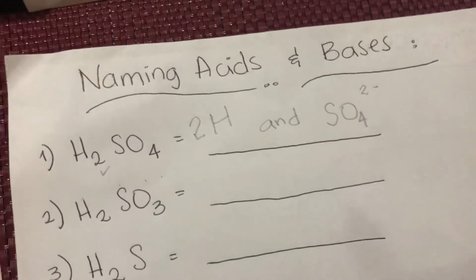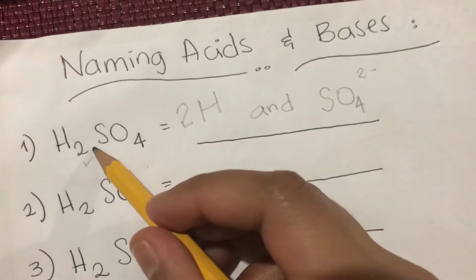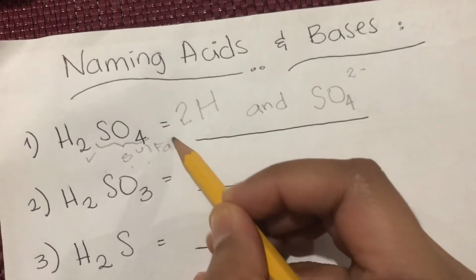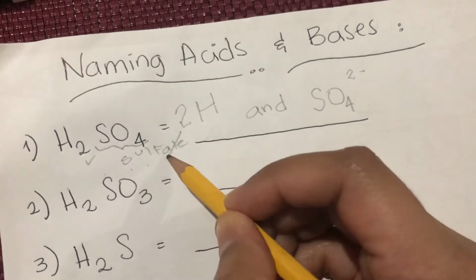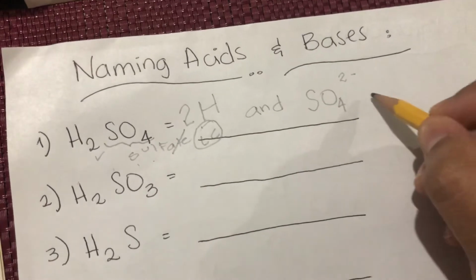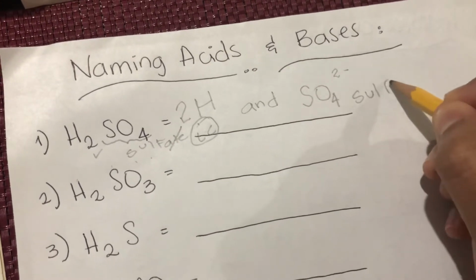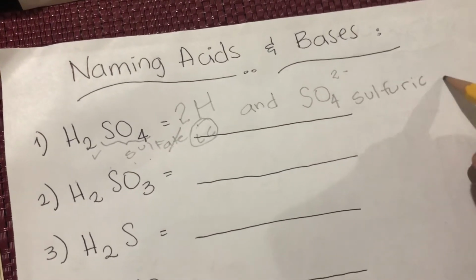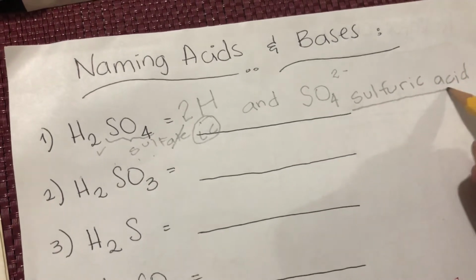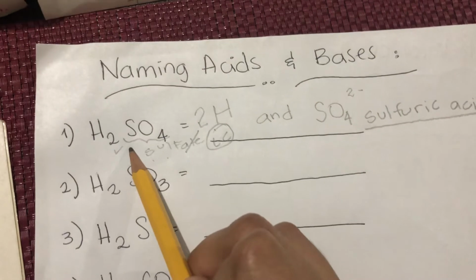So because it's a polyatomic ion called sulfate, I need to replace the ATE using ic. So it's going to be called sulfuric acid. That's going to be the name for that chemical formula.